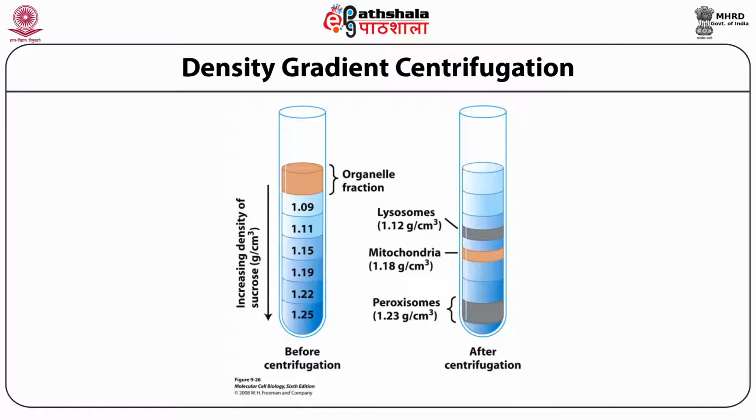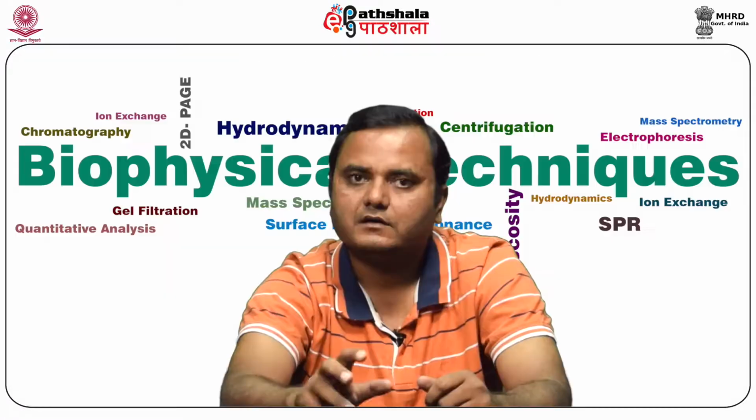So particles of different size settle into different parts of the gradient. You can see here the peroxisomes are settled at the lowest part, then the mitochondria and then the lysosomes. So this density gradient centrifugation usually makes the density of the medium, generally using sucrose, and the organelles are fractionated on the basis of their different densities.